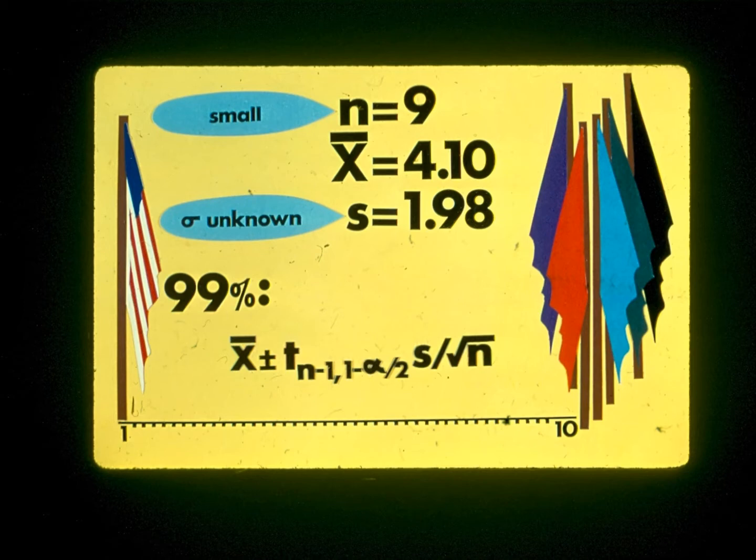Based on n being small and sigma being unknown, the only possible choice for a confidence interval formula is the one we have been discussing in this presentation involving the t distribution, given by x bar plus or minus t sub n minus 1 comma 1 minus alpha over 2 times s over the square root of n.